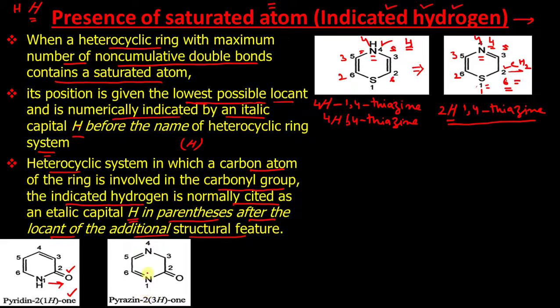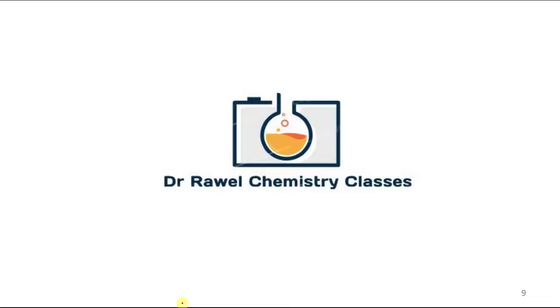Similarly here the compound name is pyrazine, and we have an one group at 2 position and saturated position at third center. So again numbering 1, 2, 3, 4, 5, 6. So it is pyrazin-2-one, but we have a saturated center at third carbon. So pyrazin-2(3H)-one. So that's how we name these compounds where we have a saturated carbon atom.